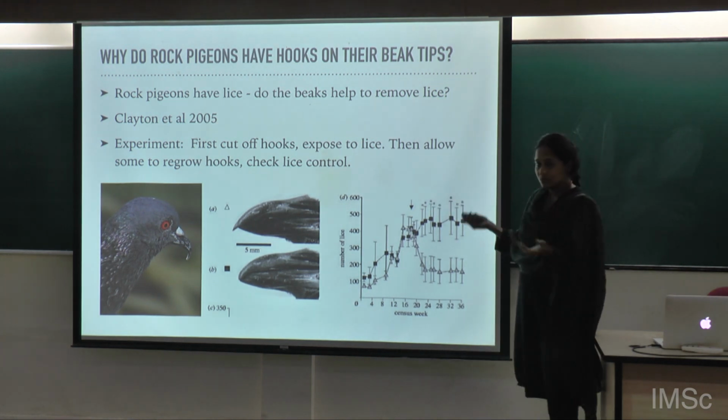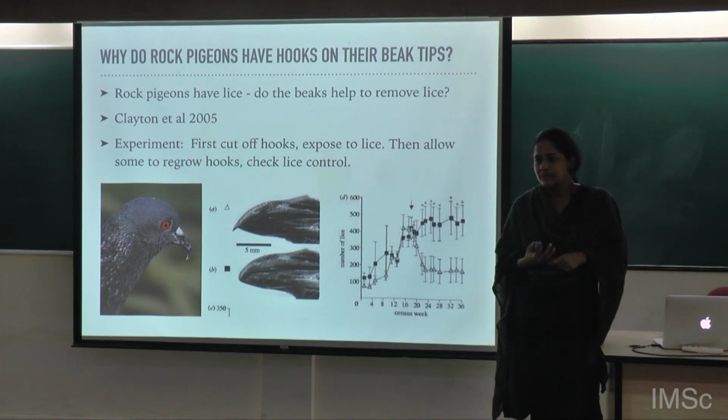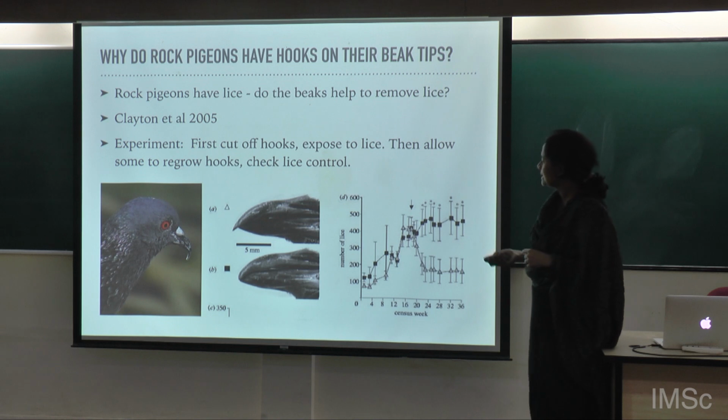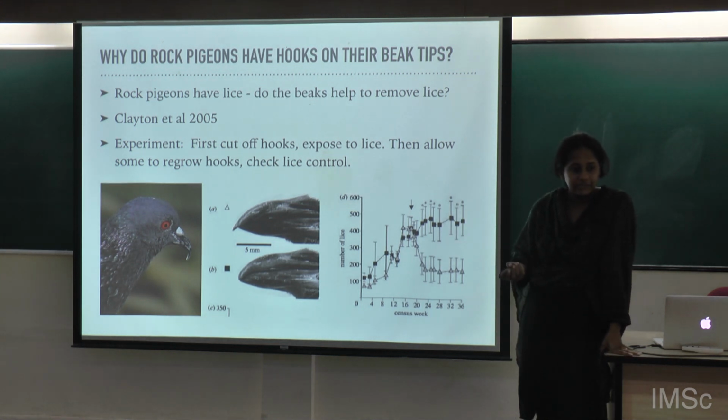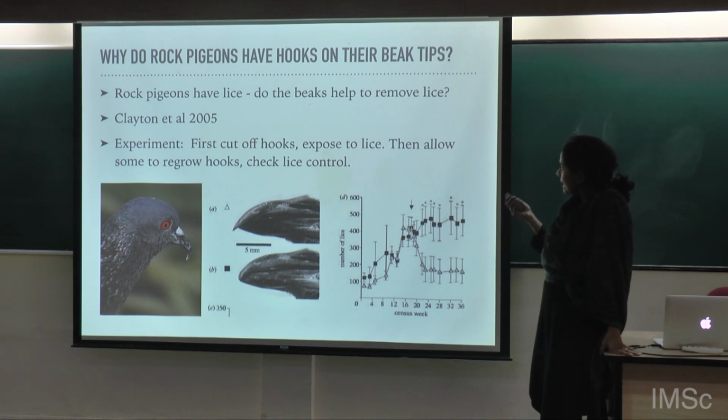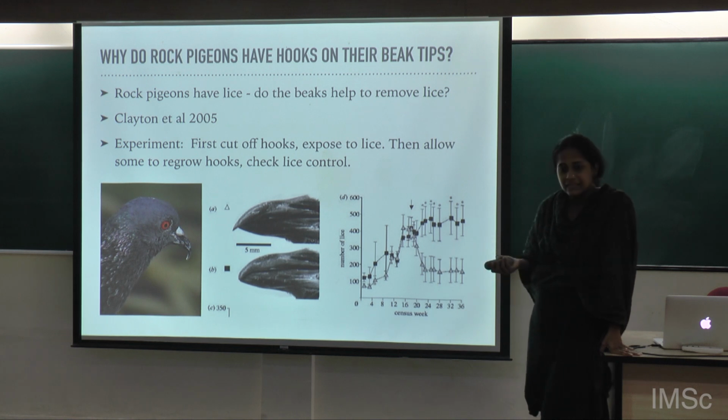So why do they need such curved tips? These scientists came up with the idea that rock pigeons have a lot of lice, and maybe the tip helps them to remove lice. So is it possible that this is why rock pigeons have curved beaks?